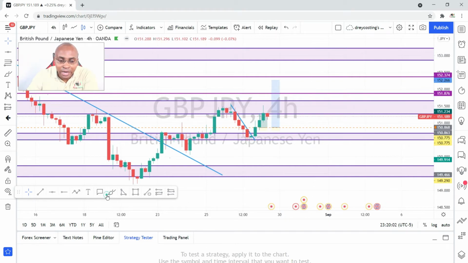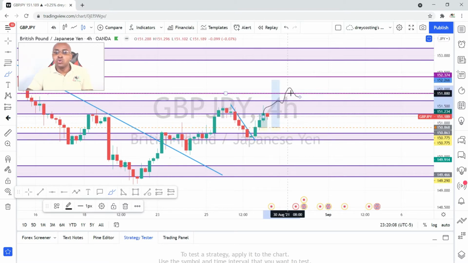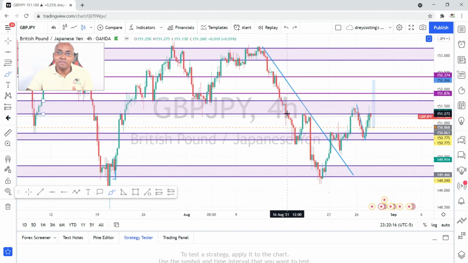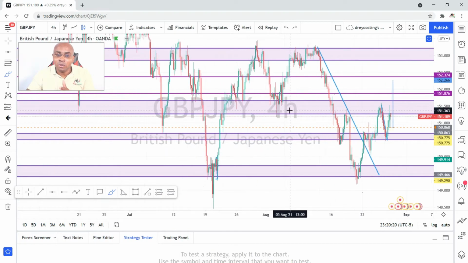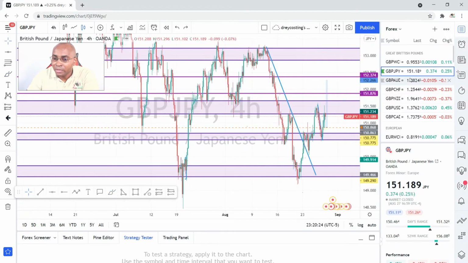Because once price breaks through here, it's probably going to come here and consolidate, then come up on top where old roof now becomes new floor, consolidate a bit again, then move off. Price always tends to respect these 4-hour levels, and that is why I like to take my entry on these 4-hour levels. Let me show you another example.